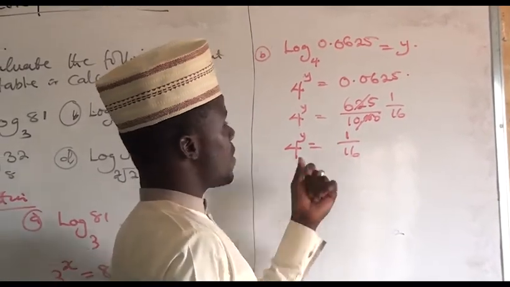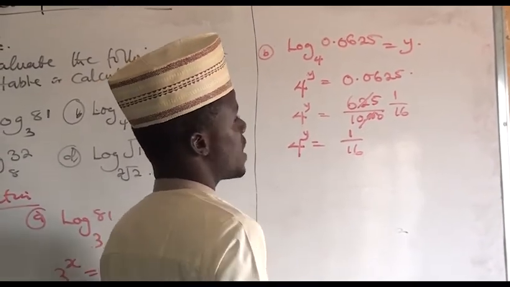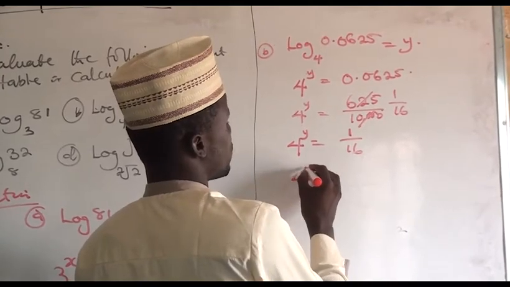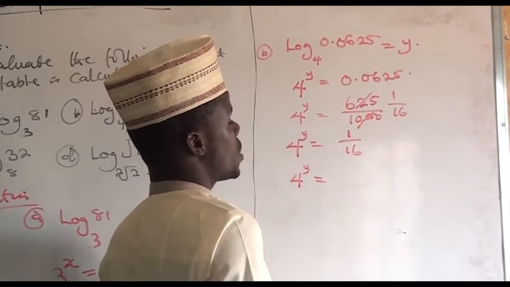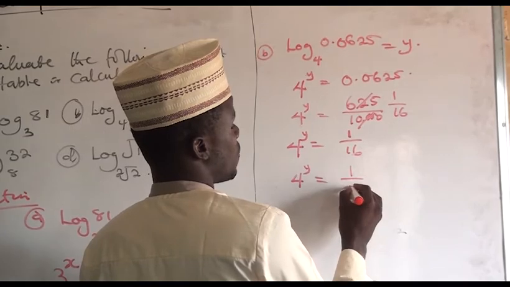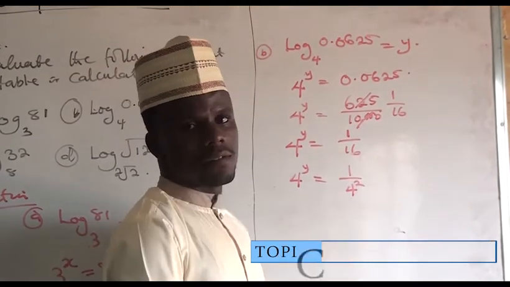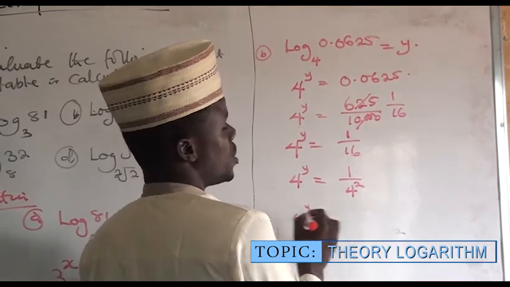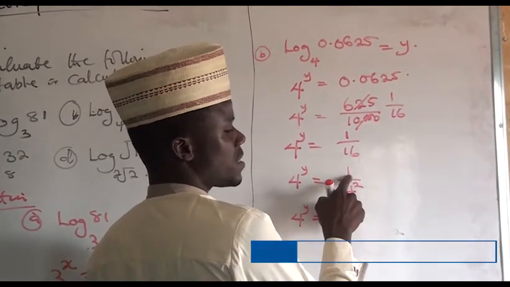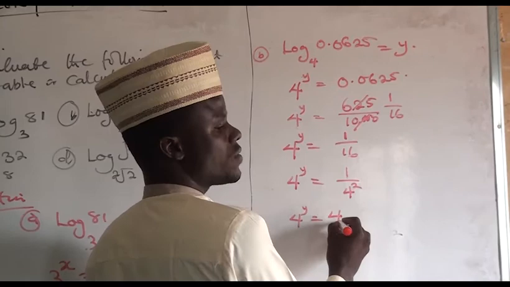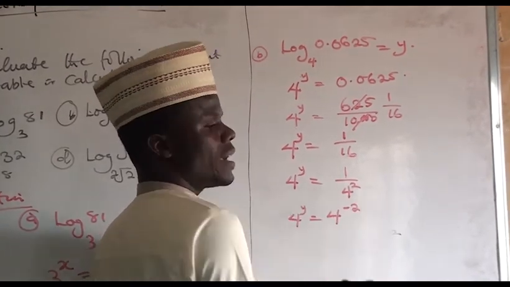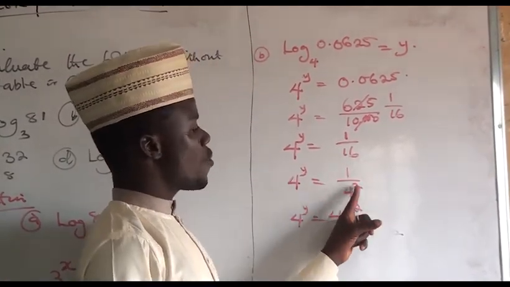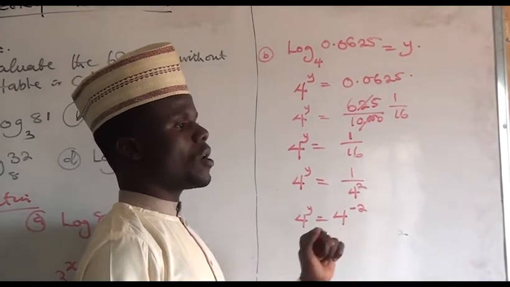So now as we have 1 all over 16 here, we can now say 4 to the power of y is equal to 1 all over 4 squared. This is a negative index, that is, 1 all over 4 squared is the same thing as 4 to the power of minus 2.